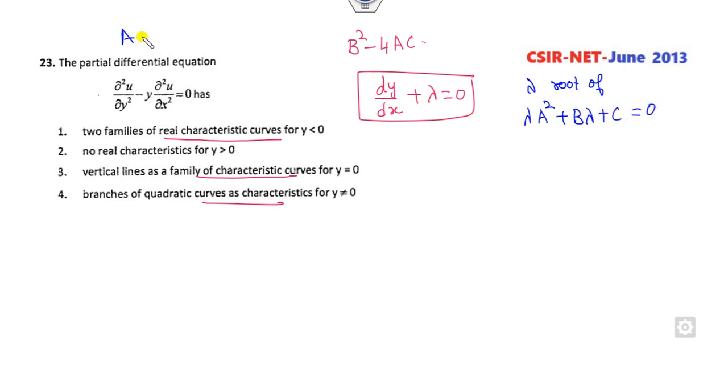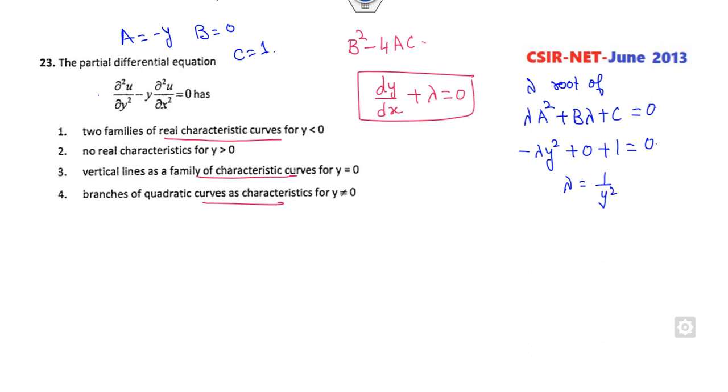So from here you can see a is minus y, b is 0, c is 1. Because in this case they are not talking about elliptical, hyperbolic, parabolic, you can substitute here.